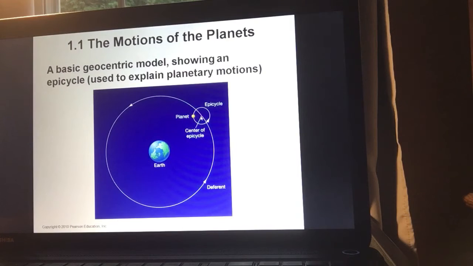In the meantime, this epicycle is moving around the Earth along the path, which is called a deferent. So remember, in this model, there are two paths. The first path, the planet is moving around the epicycle. The second path, the center of the epicycle is moving along the deferent around the Earth.